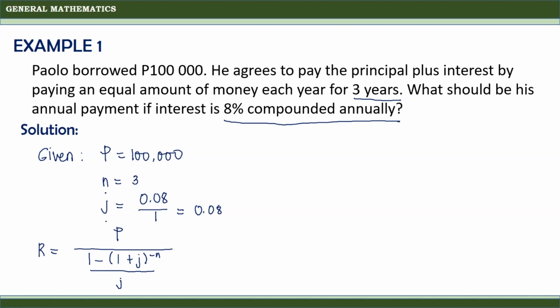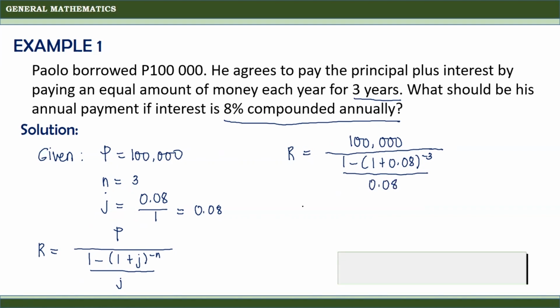Therefore, we can simply substitute these values on our formula. We will have R is equal to 100,000 all over 1 minus 1 plus 0.08 raised to negative 3 divided by 0.08.